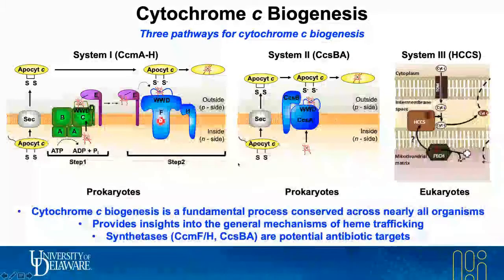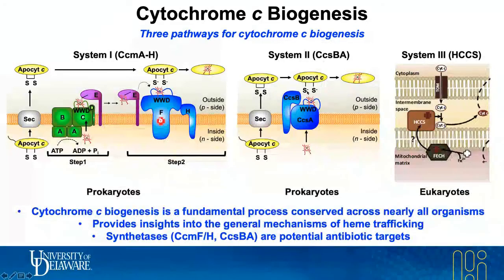And finally, we are proposing that the bacterial holocytochrome C synthetases, which are CCMFH and CCSBA, are potential antibiotic targets. So I'm going to tell you today about our work trying to identify the active site of CCSBA, moving towards showing that it could be an antibiotic target.